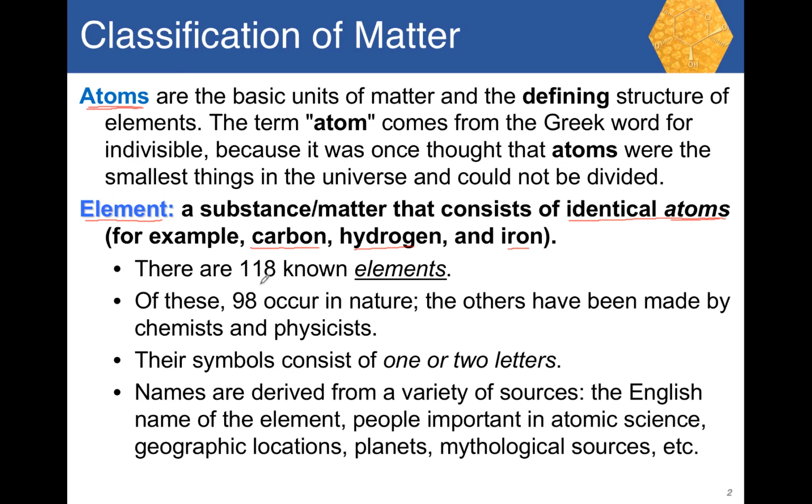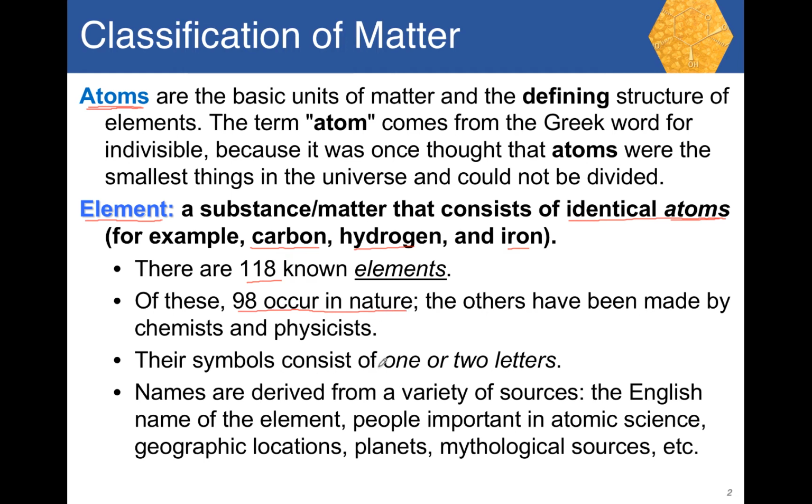So there are 118 known elements. Okay, so you can see matter, we are now defining the basic component of matter, breaking it down. There are 98 naturally occurring, and the others have been made in the lab.